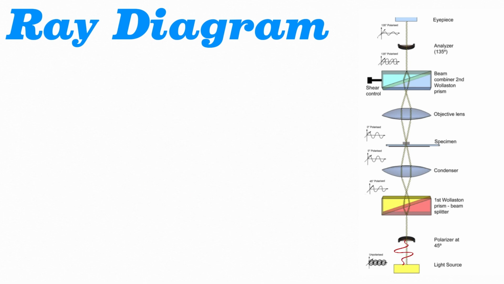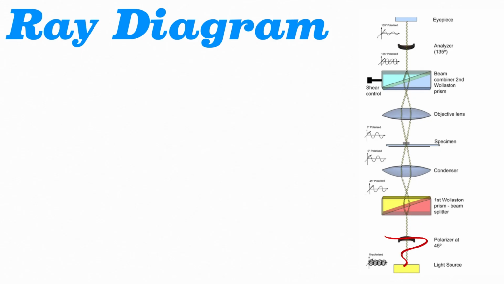Now let's understand the working of the Differential Interference Contrast microscope by following the path of light through its ray diagram. Light from the light source first passes through the polarizer, where ordinary unpolarized light is converted into plane polarized light. This polarized light then enters the first Nomarski modified Wollaston prism, also called the beam-splitting prism.